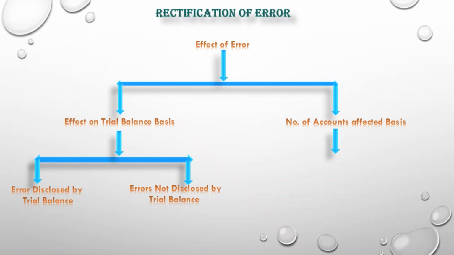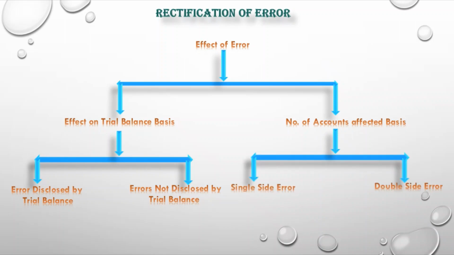Now, on number of accounts affected basis, that means one kind of error that affects a single side and the second that affects both sides. In a single side error, a single account is affected and that would be balanced by a suspense account.